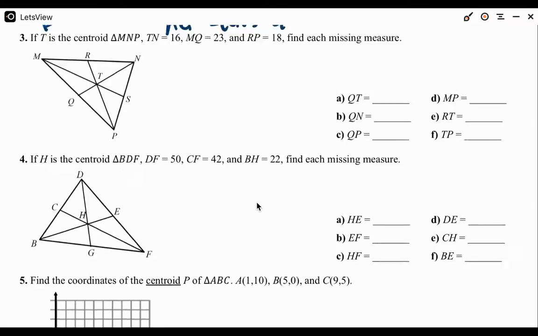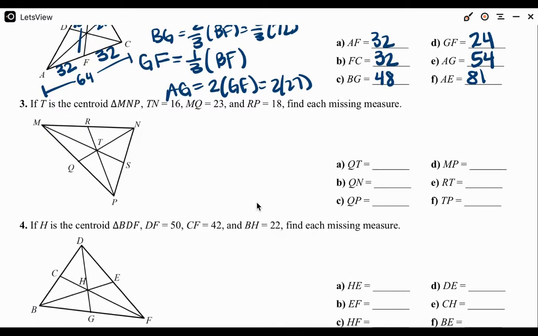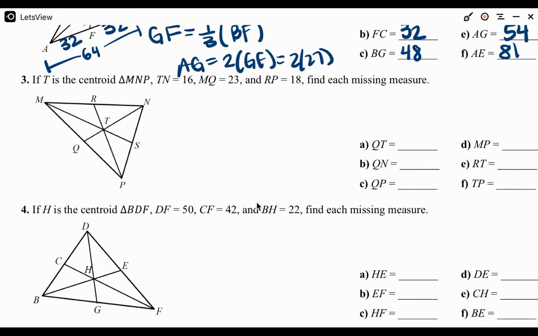We got 3 left. So T is the centroid of triangle MNP. So TN is 16. MQ is 23. RP is 18. And that's how we got so far.